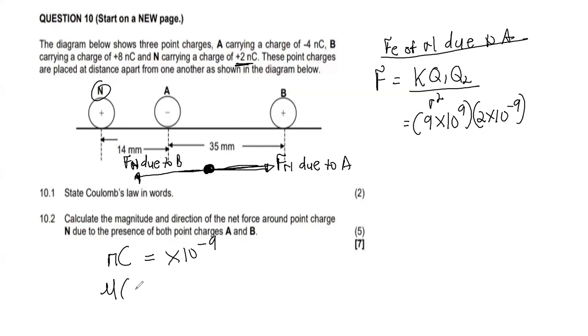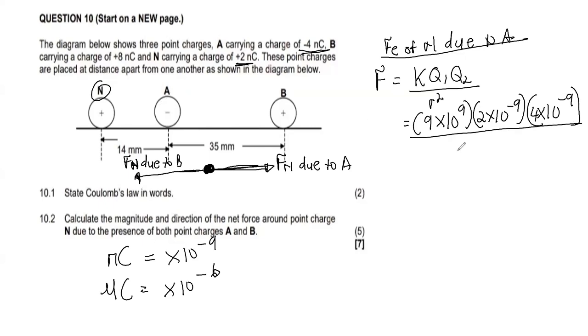If we have microcoulomb, this converts to times 10 to the exponent of negative 6. So always keep your conversions in mind. Then your Q2, you're going to take as the charge on A. We were given negative 4 nanocoulomb, but remember, in this formula, we don't substitute a negative. So that's 4 times 10 to the exponent of negative 9.